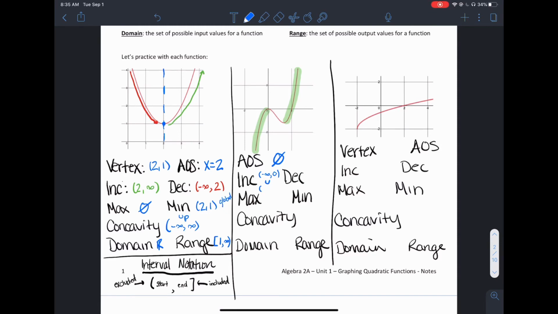We're saying it increases here or here. And we can estimate where this is. Let's call it 1.5. 1.5 to infinity. So it increases from negative infinity to 0 in union with 1.5 to infinity, but it decreases from 0 to 1.5.